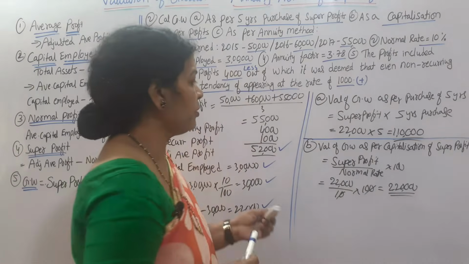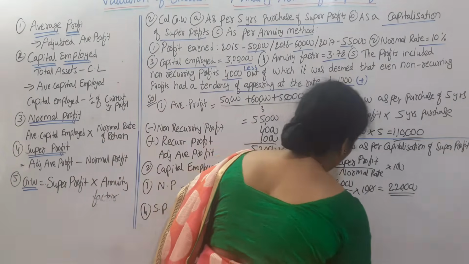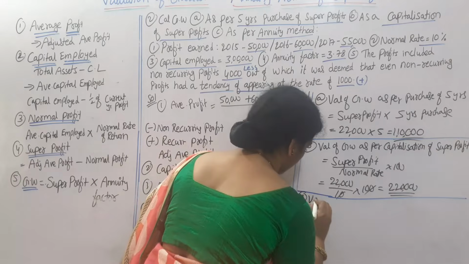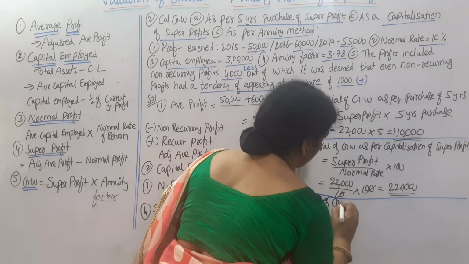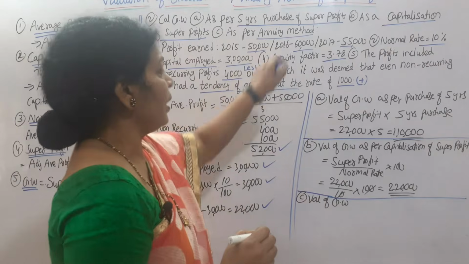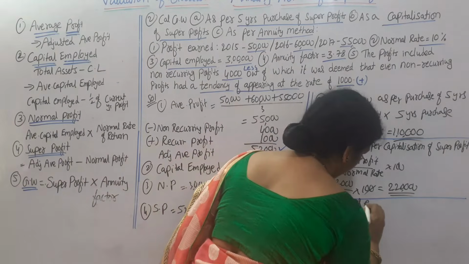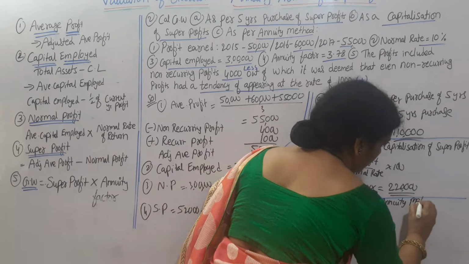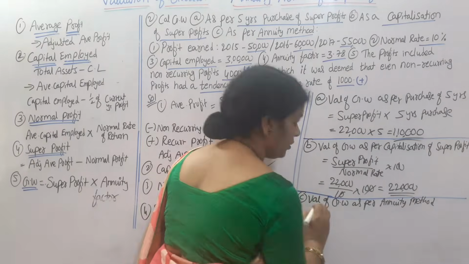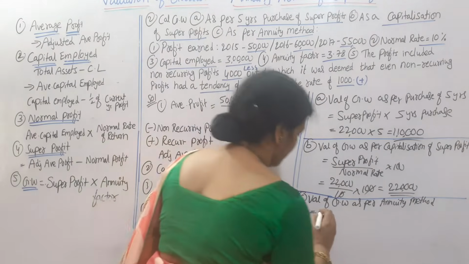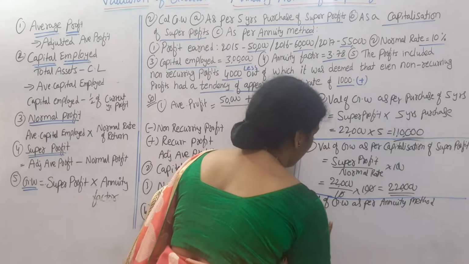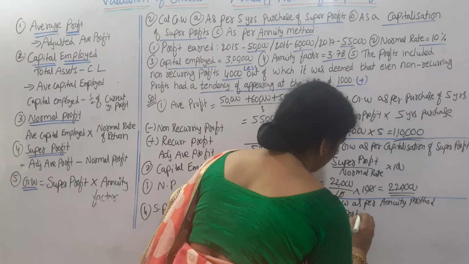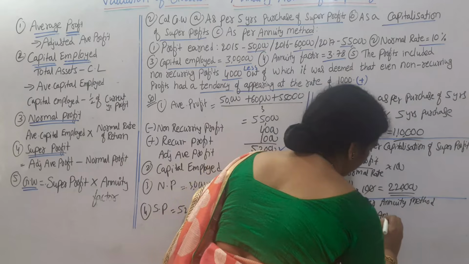Next, last method, valuation of goodwill as per annuity method. So the formula is super profit into annuity factor.